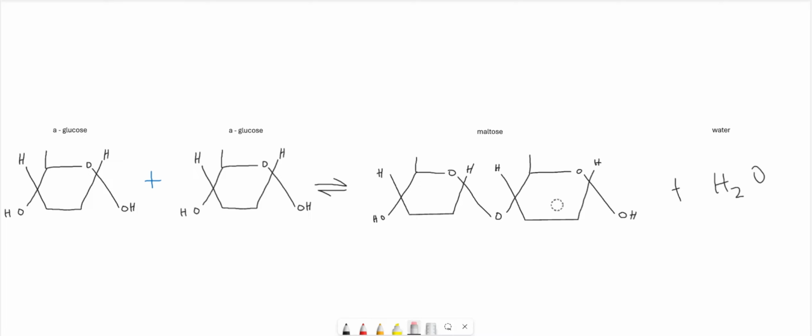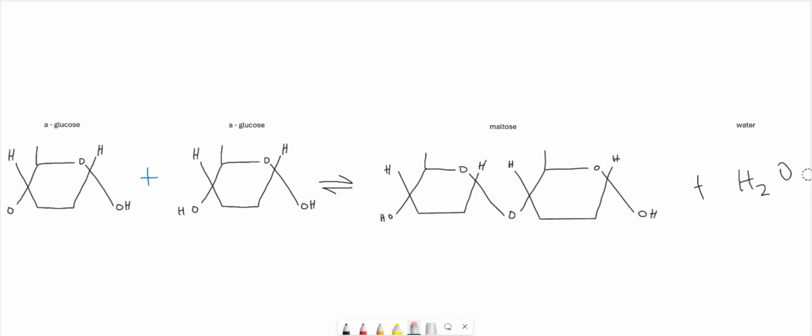Now you may be like, what is maltose? Well, maltose is a disaccharide, as we've talked about before. Disaccharides are formed from monosaccharides, and here we can see that two molecules of alpha glucose join to form the maltose.